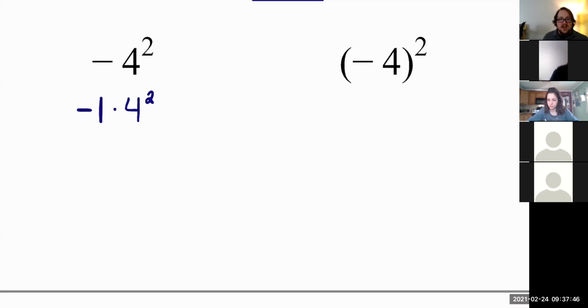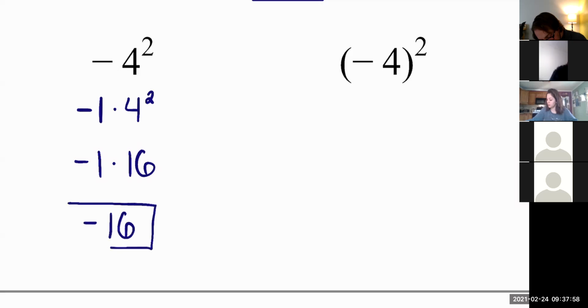Now, if I was to finish calculating this, what is 4 to the power of 2? 16. 16. And if you were to take -1 times 16, you would get a -16. Now, if your calculator is in good working condition and it follows the mathematical rules, if you put in -4 to the power of 2, you should get a -16. Does yours? Oh, yeah. Yours did it?